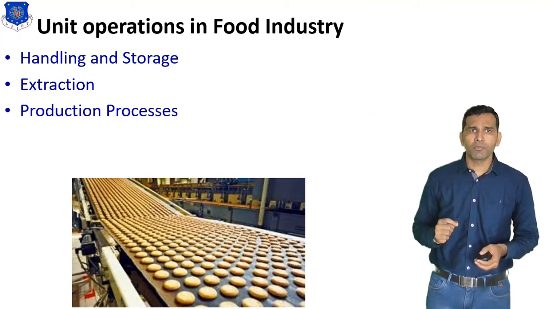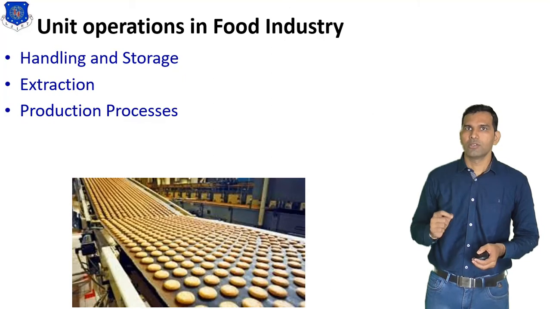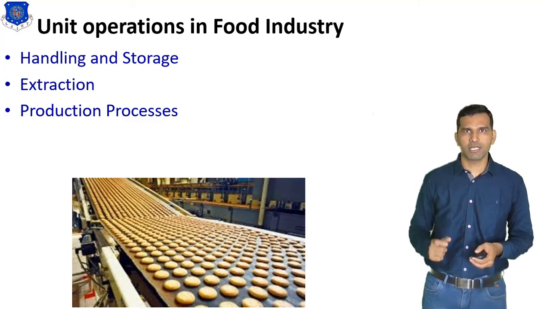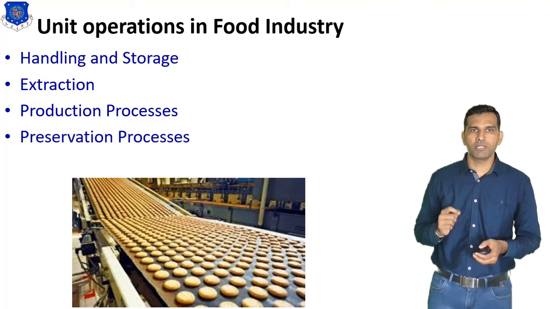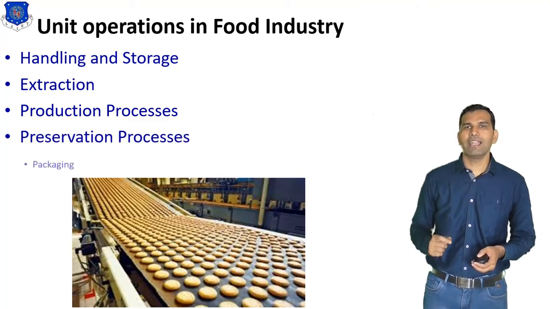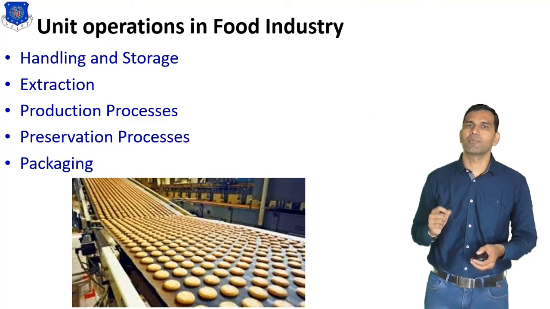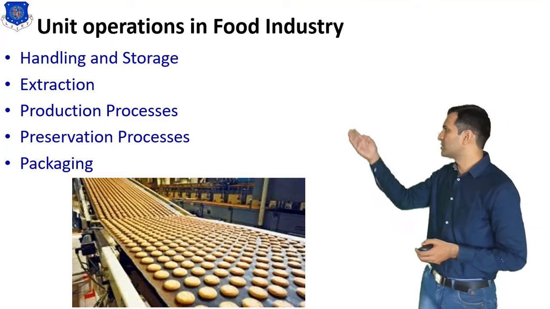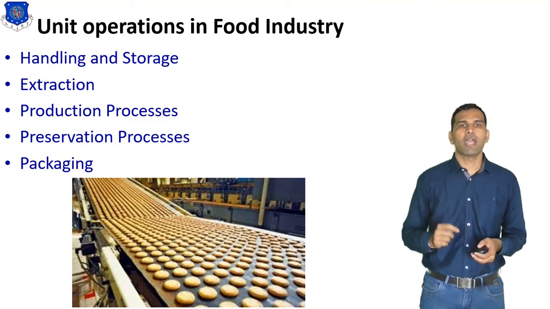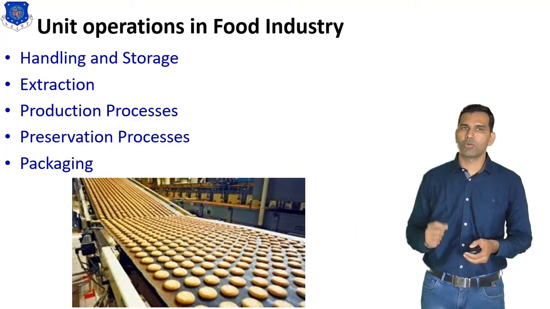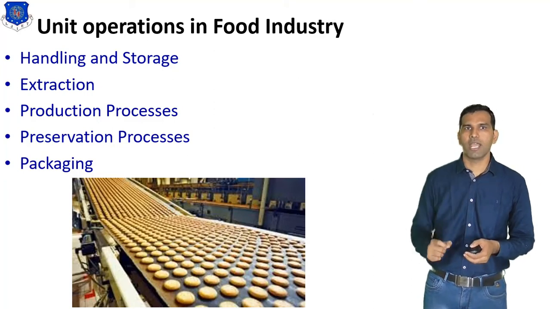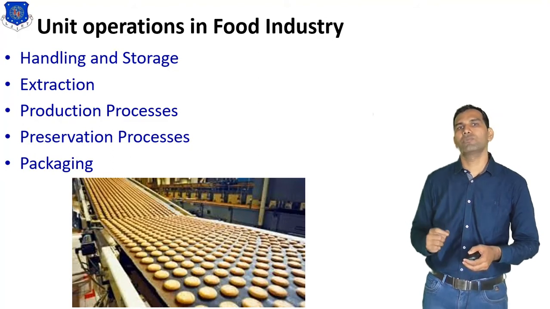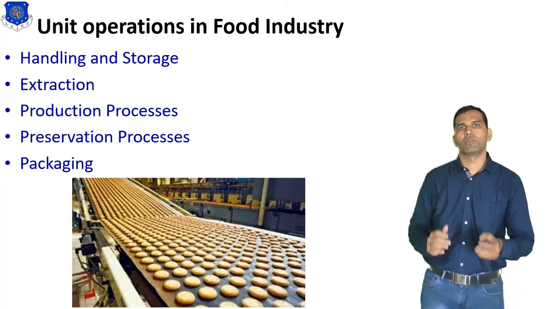Then production processes, the different production processes. Then we discuss the preservation processes, and last we discuss the packaging process. So here we mainly focus on these units. That means we discuss handling and storage, then extraction process, then production processes, then preservation processes, and last the packaging of food.